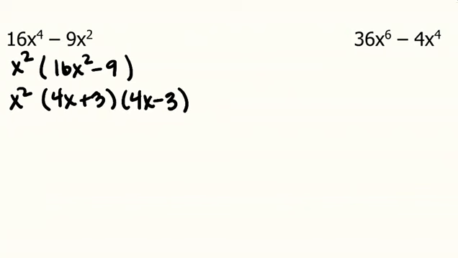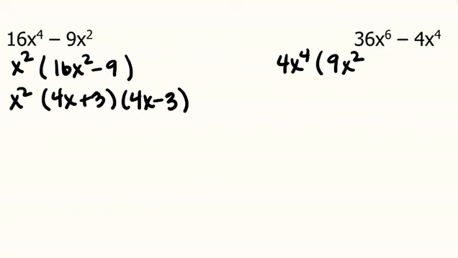This one over here is very similar. I could take 4 powers of x and a 4, because 4 divides 36. So I'm going to take out 4x to the 4, and I'll be left with, okay, I need to multiply 4 by 9 to get 36. I need to multiply x to the 4 by x to the 2 to get x to the 6.